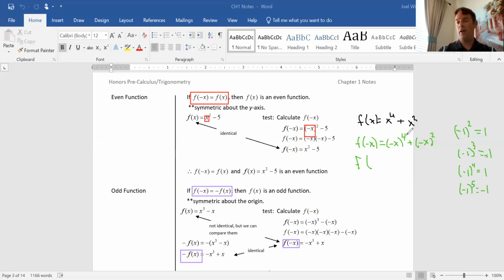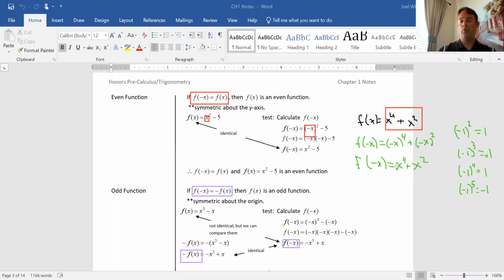So -x to the 4th, and since that's an even exponent, that would become a positive value. If I have an even exponent, that would also become a positive value. And if we stop and look at this here, f of x was x to the 4th plus x squared.